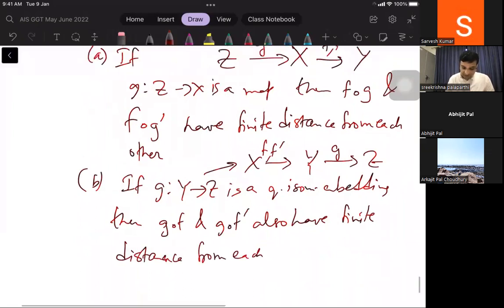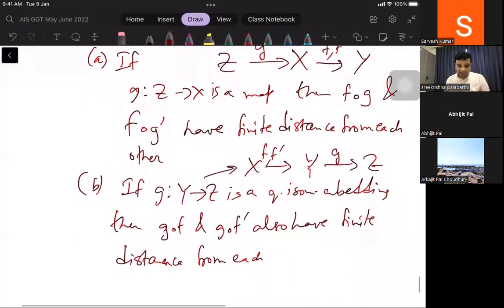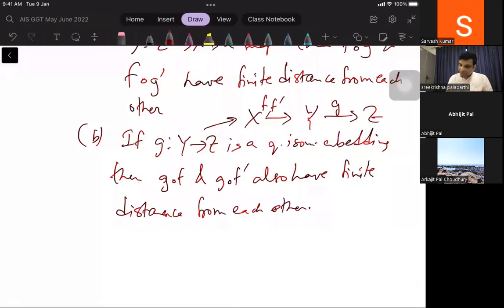In the earlier map, you didn't need a quasi isometric embedding, but here you need a quasi isometric embedding.